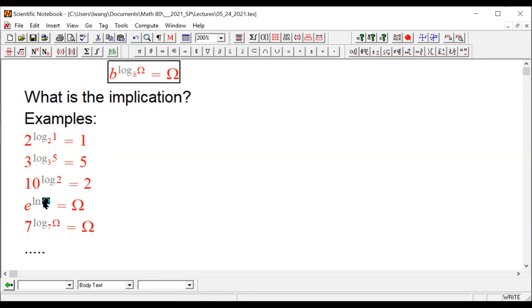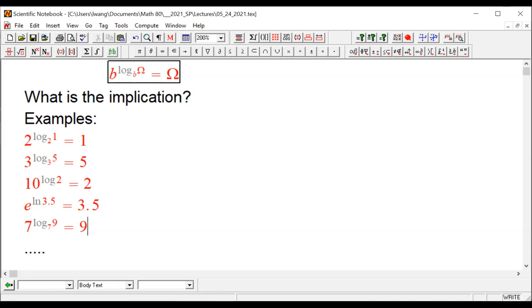If this number is 3.5, guess what this omega is going to be? 3.5. If this omega is, say, 9, this is going to be 9. You follow me? Do you follow me?